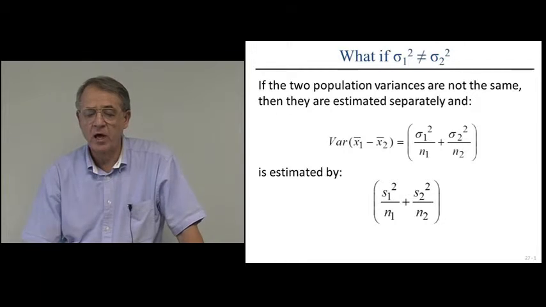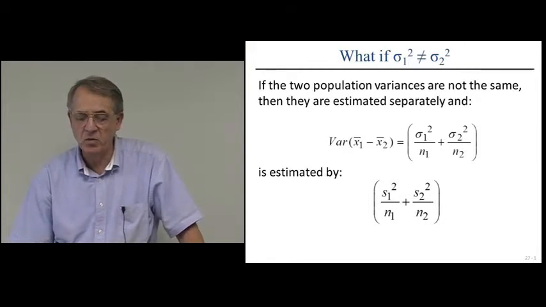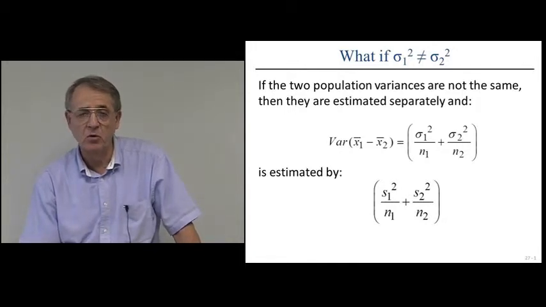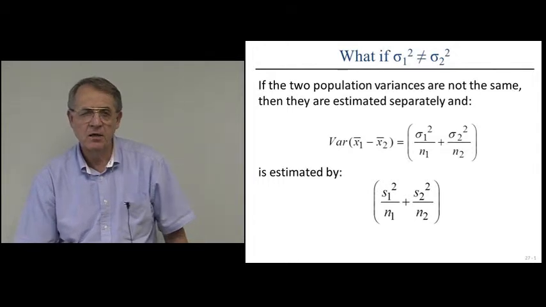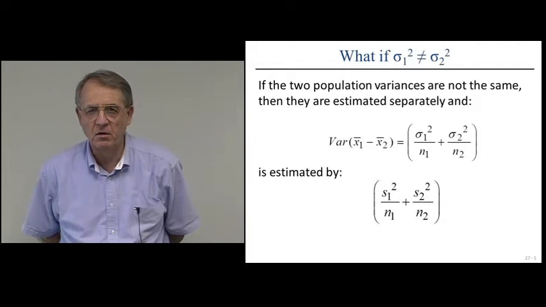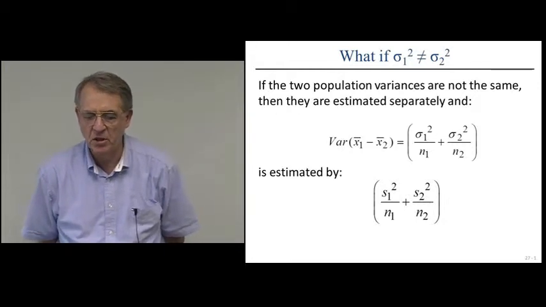Here we're going to have to estimate that by s1 squared over n1 plus s2 squared over n2, because we can't pool these two variances to get a common estimate. This changes the situation somewhat, and so we have to figure out how to deal with this changed situation.